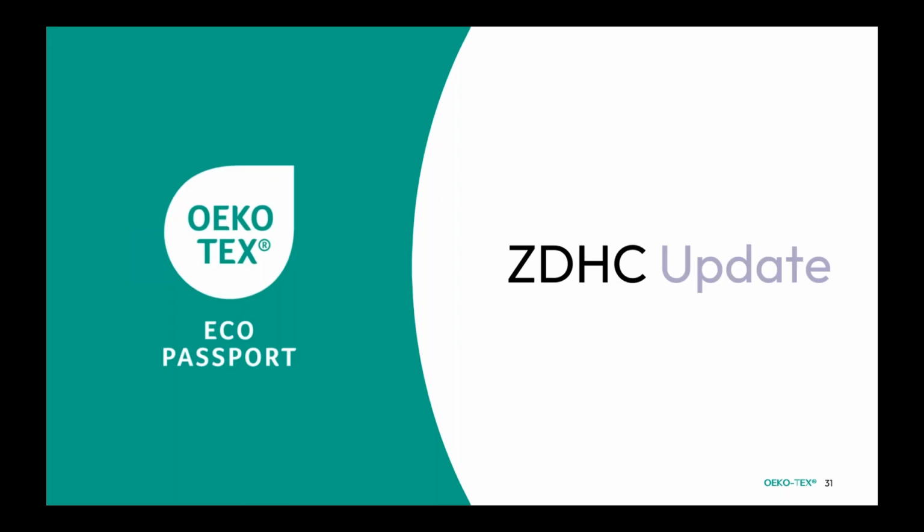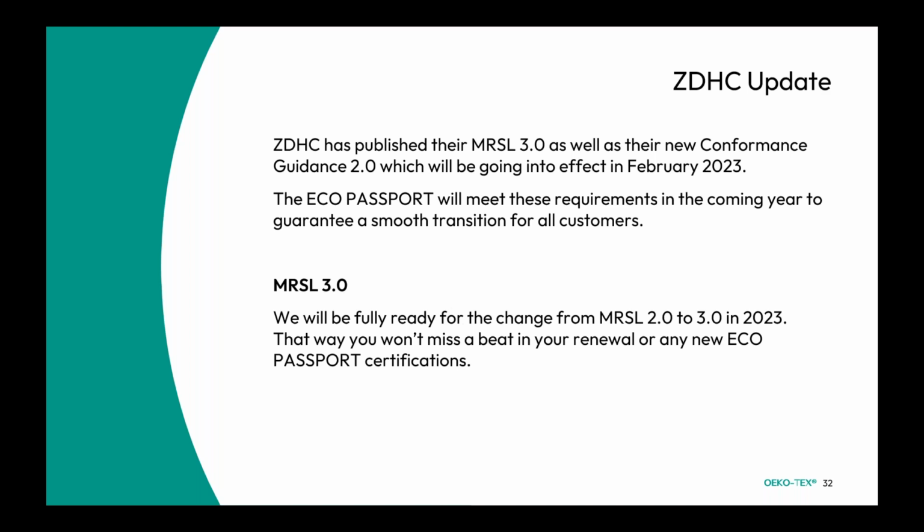There have also been certain updates to ZDHC, which is the abbreviation for Zero Discharge of Hazardous Chemicals. Most of you probably know that they have published their new manufacturer restricted substance list.